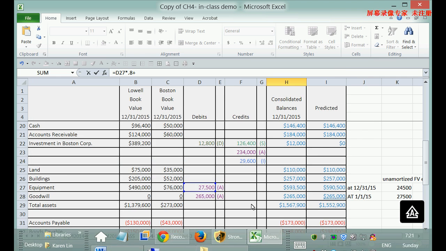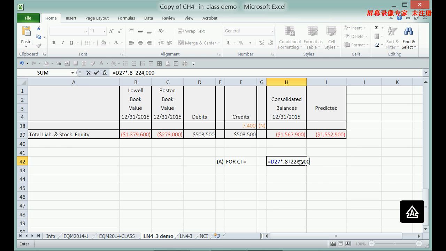Okay, I'm copy and pasting. So adding the 224,000, that's the goodwill for CI, and the equipment 80%.